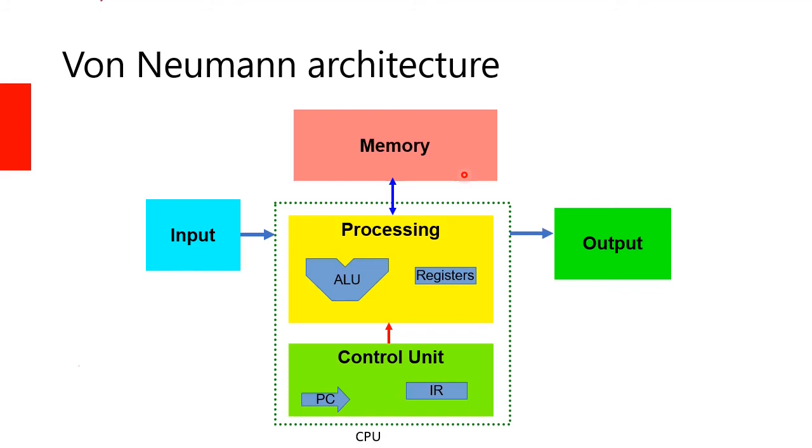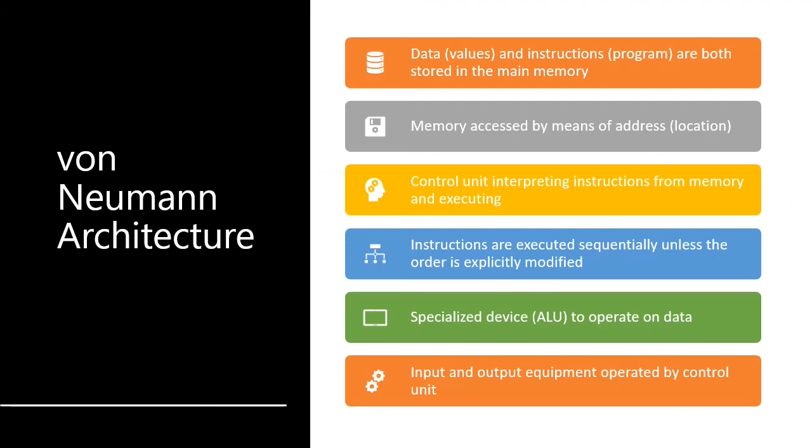Instructions are the different operations that you do on the data. Again, the properties of the von Neumann architecture: data and instructions are both stored in one single main memory. Memory is accessed by means of an address. When you want to access memory, there is one unique address, and from the address you can access that memory.